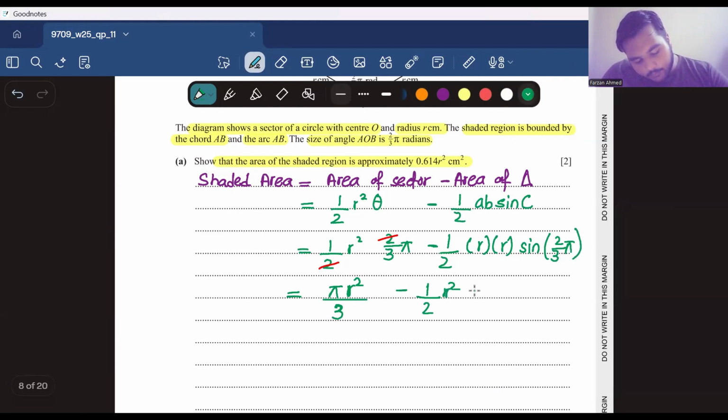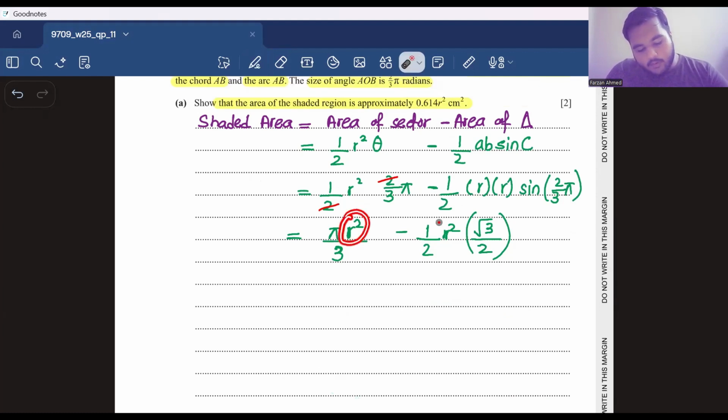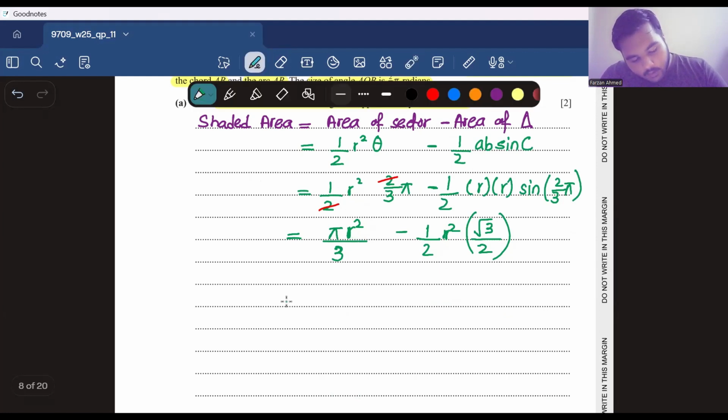Now from this, we can take r square common. When r square is common, pi upon 3 will be remaining in the bracket, minus square root of 3 over 4.